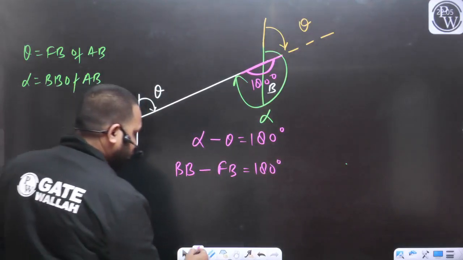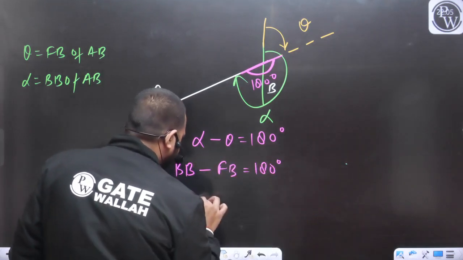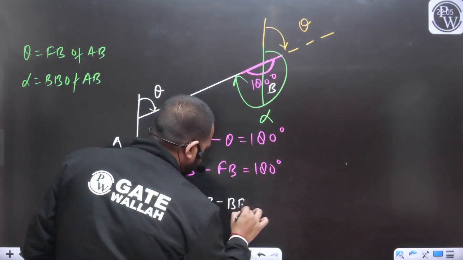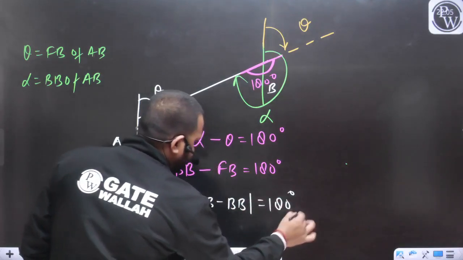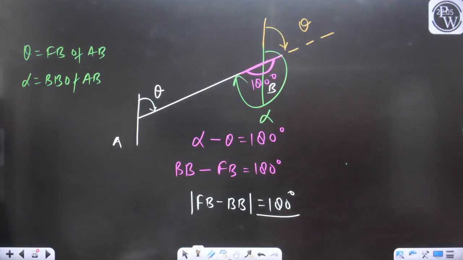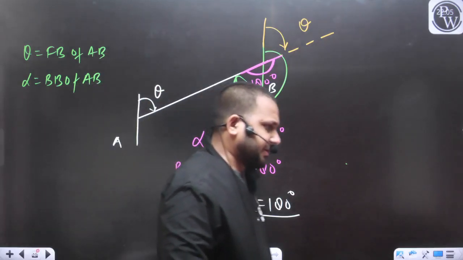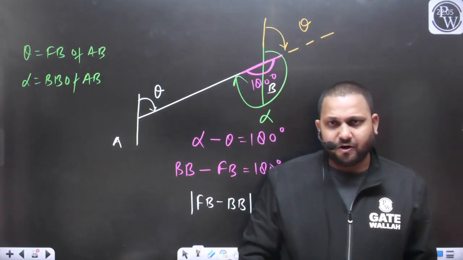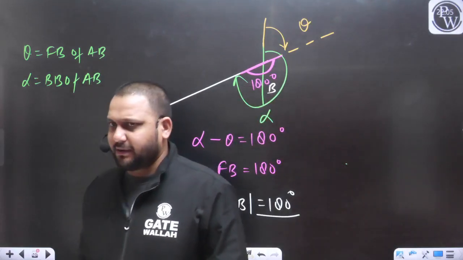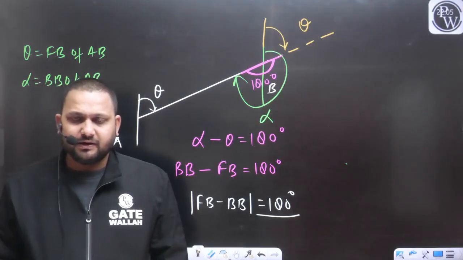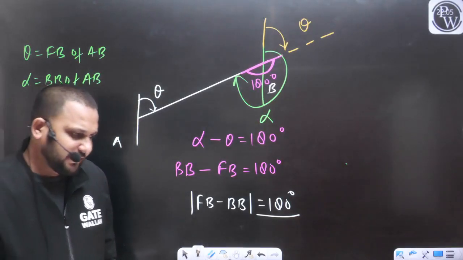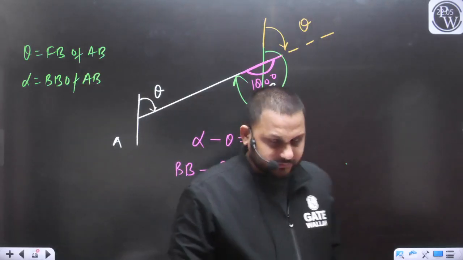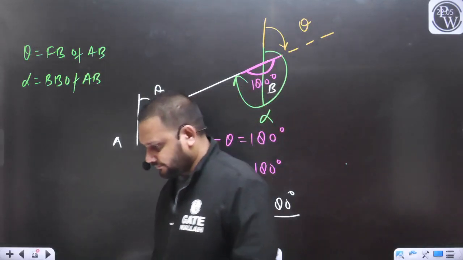So if I use the mod, can I write that for any line the difference of the fore bearing and the back bearing will be equal to 180 degrees? Now this point is clear to everyone.